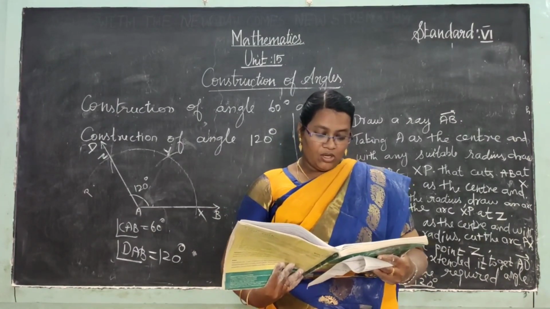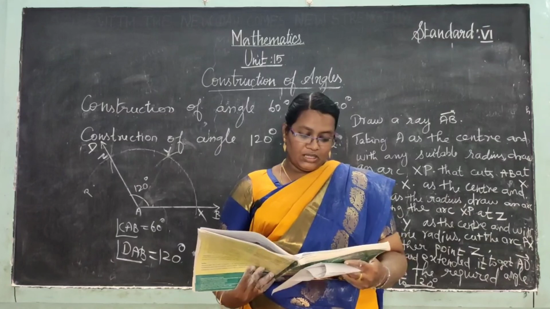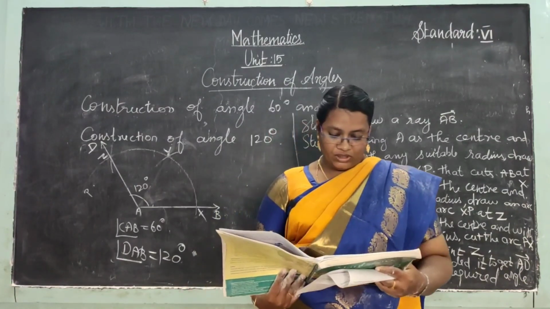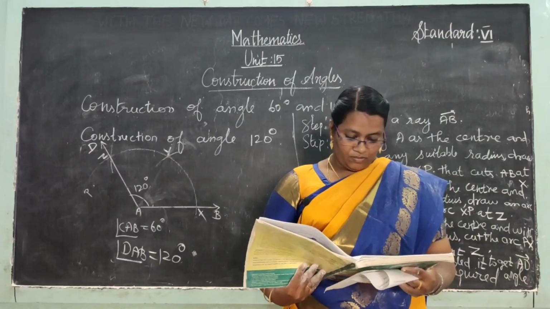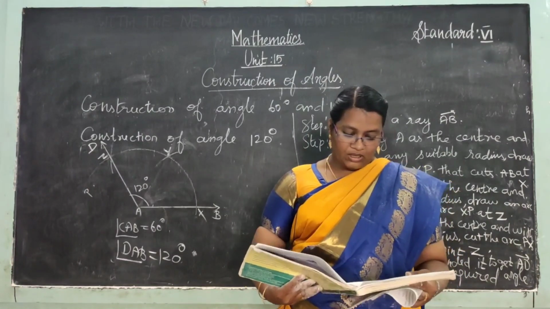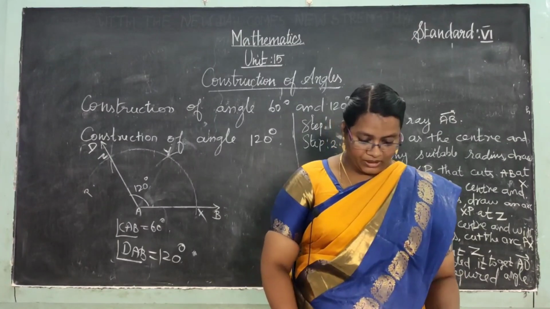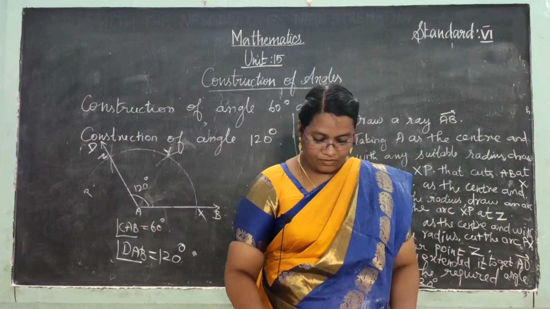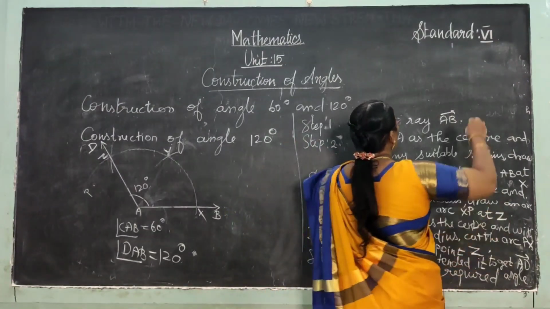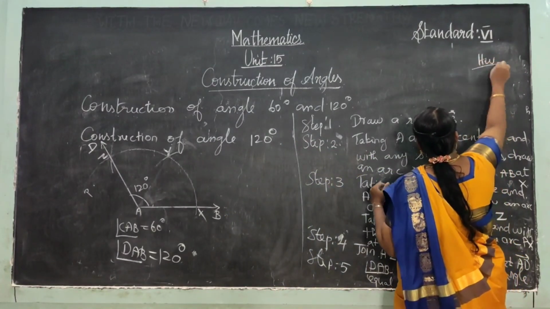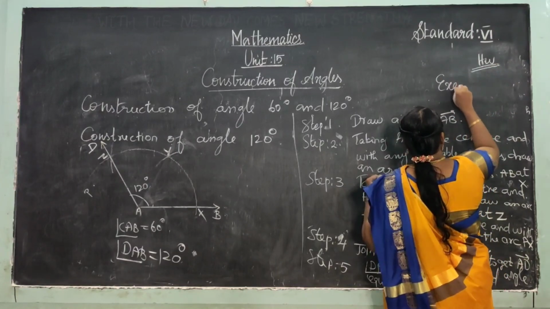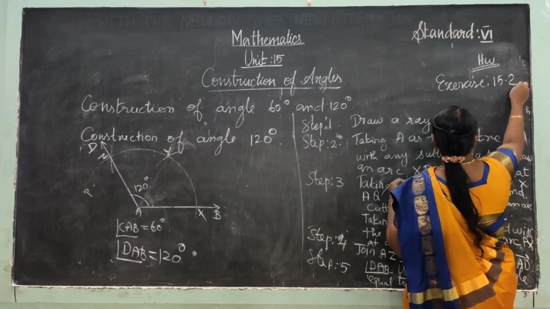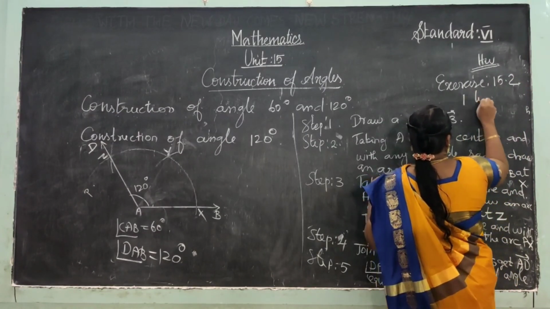Taking B as a center, draw an angle of 90 degree using the compass. So, homework exercise 15.2, questions 1 to 4.